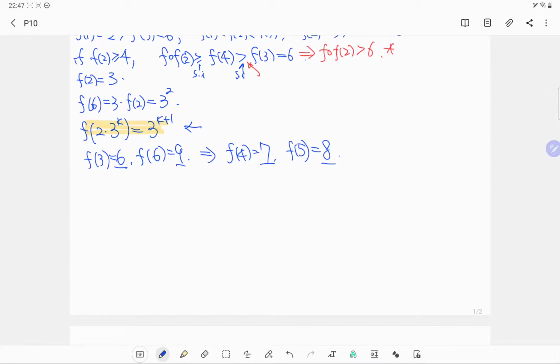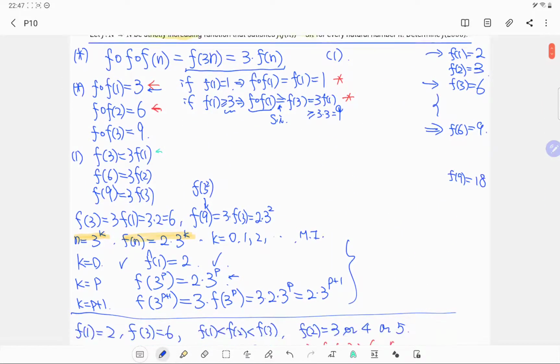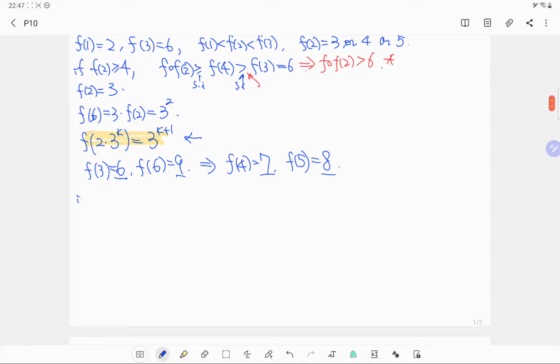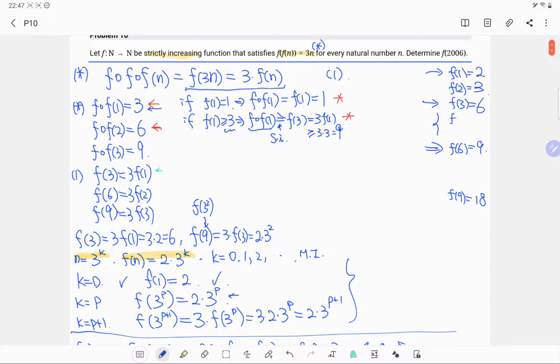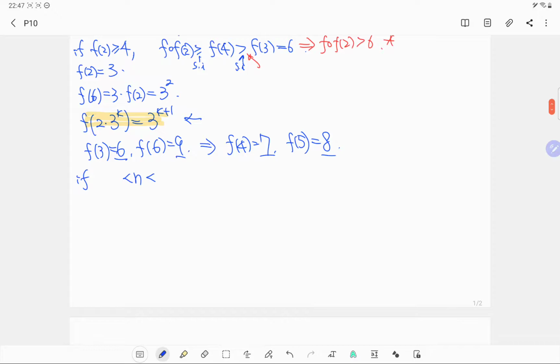So we can try to come up with, now that we have f of 4 to be 7, f of 5 to be 8, if n is larger than 3 to the k power and smaller than 2 times 3 to the k power.